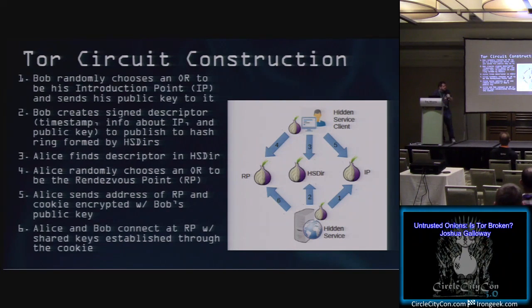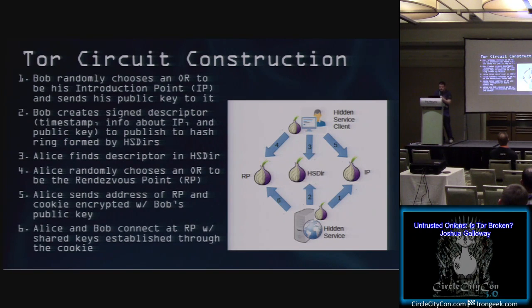I know this diagram is confusing, but it's honestly the least confusing diagram out there on this. So Bob chooses an onion router to be the introduction point. Now, this is not to be confused with an entry guard node. It's totally different. It's more the onion router that makes the introduction between the client and the hidden service server. That's when step 2 happens.